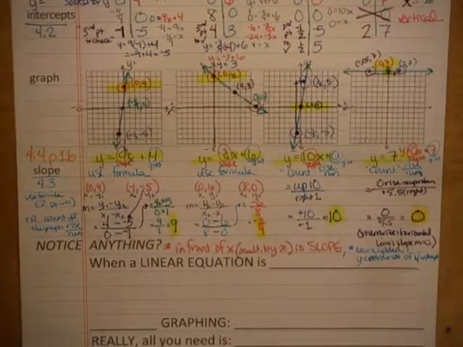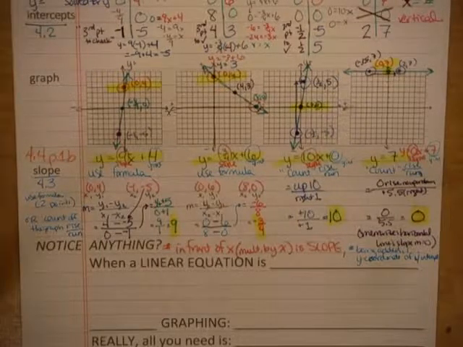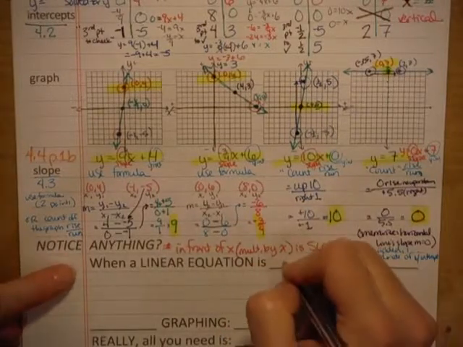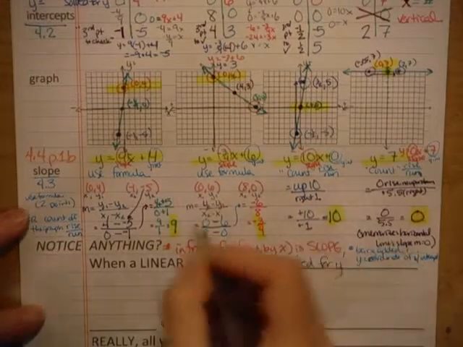Now, not only is this kind of a fun realization, this is the key to becoming an expert grapher. So, when a linear equation is solved for y, this is the key element right here.